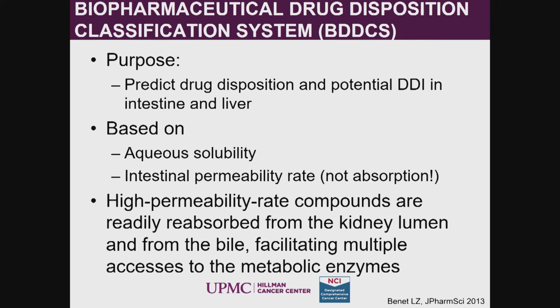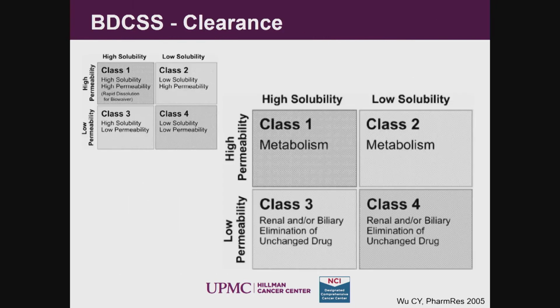And so, just like I showed the interplay of pumps and CYP3A in the enterocyte, this results in the cycling of a drug repeatedly through enterocytes and through the liver, and predisposes a compound to metabolism. So high permeability compounds are likely to be cleared metabolically. And so this is how this is expressed.